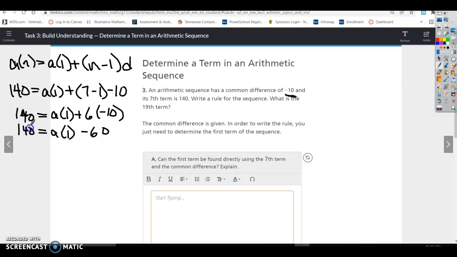We would have to add 60 to both sides in order to undo that operation. So a sub 1 equals 140 plus 60, or 200. We didn't have the first term, but because we were given a term, we were still able to find the first term using the formula.